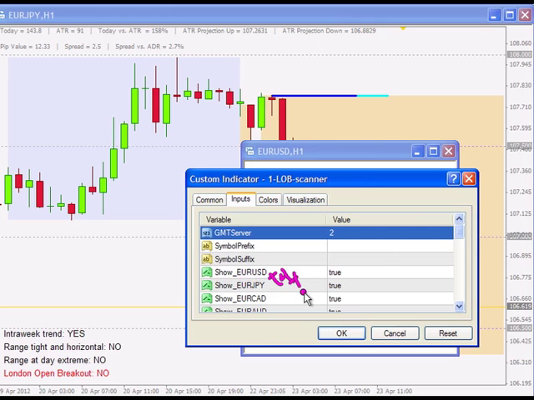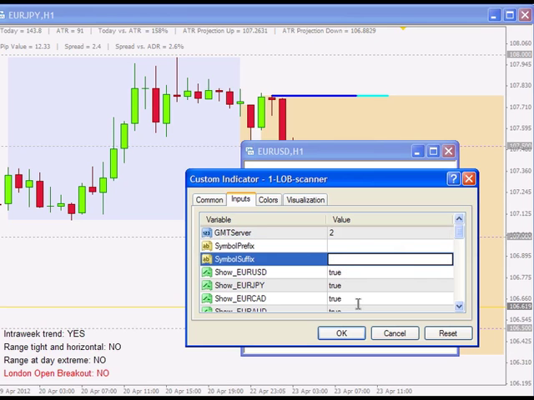I don't really know why some MetaTrader platforms add that prefix or suffix, but some of them do. So if you see that your platform labels the euro against the American dollar with an M, for example, simply double click at the suffix and type in an M there, and that's it. My specific MetaTrader doesn't, so I leave it empty.